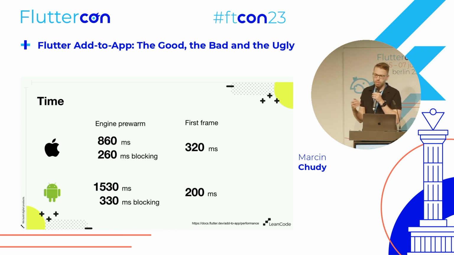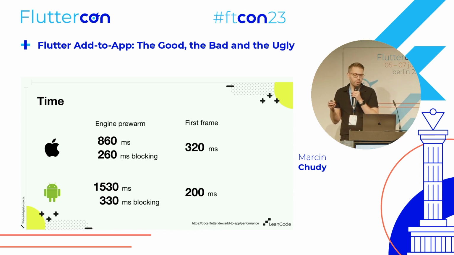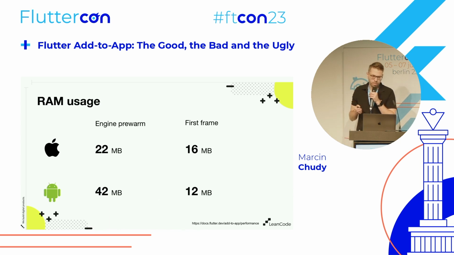Further frames will be very fast, but rendering just the first frame takes some more time right after starting the engine. And on Android, it's 1.5 seconds for engine pre-warm and 200 milliseconds for the first frame.